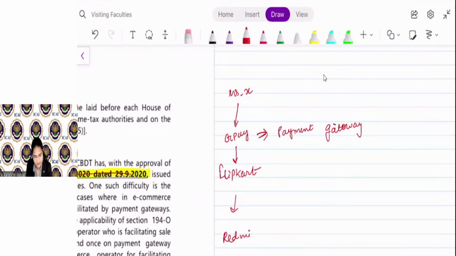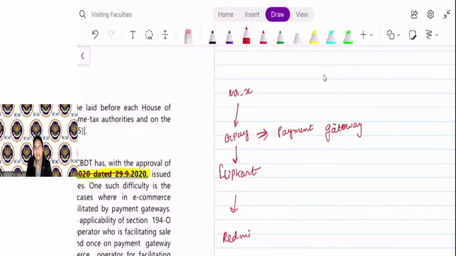That we will discuss later. So if Google Pay is a payment gateway, Google Pay is also an e-commerce operator. Why? Because Flipkart receives payment via Google Pay. That is the online platform. So now in this case, who will deduct TDS? Because both Flipkart and Google Pay are e-commerce operators.